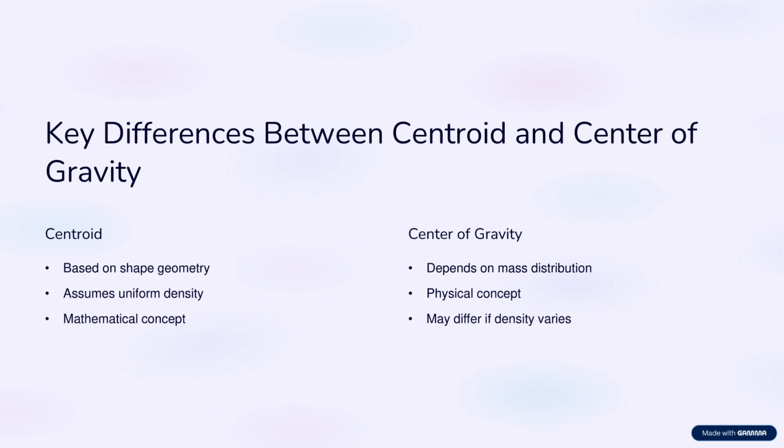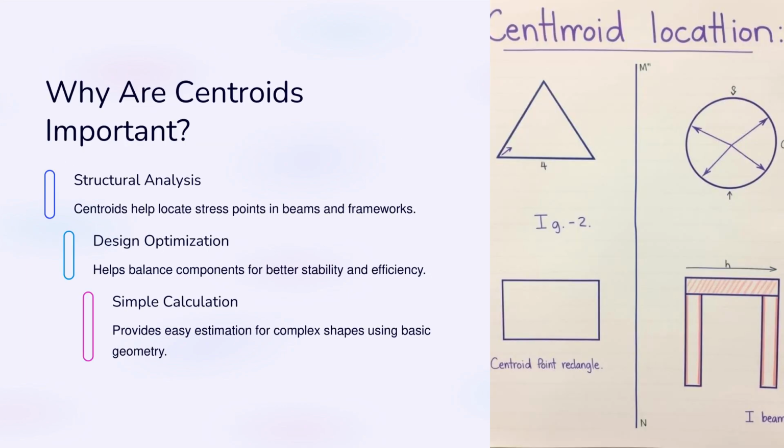Why is the centroid important? As you can see here, it helps in structural analysis, design optimization, and simple calculation. In structural analysis, the centroid helps locate stress points in beams and frameworks. It means the centroid is the geometric center of the beam or structure.